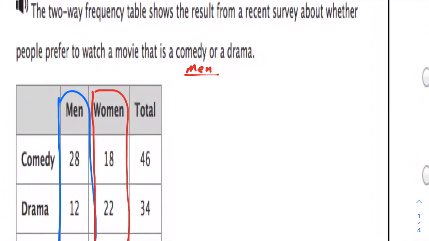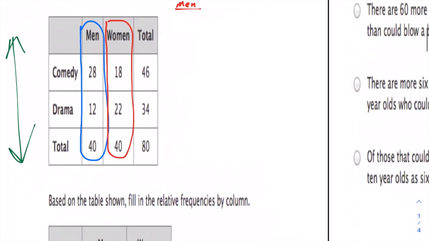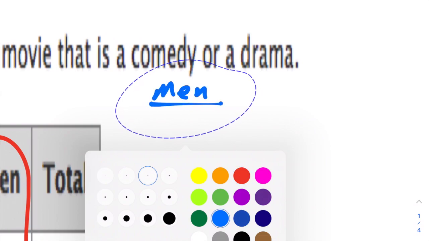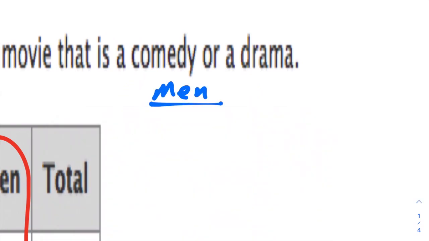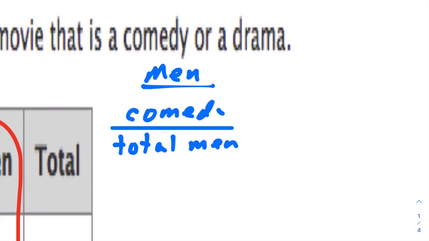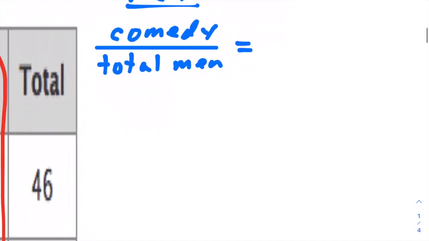Again, I found it easiest to write things in words first. And actually my men should be in blue, so sorry about that. I will fix that color for you. So we're going to first find the percent of the men, so our total men, and how much of them like comedies.